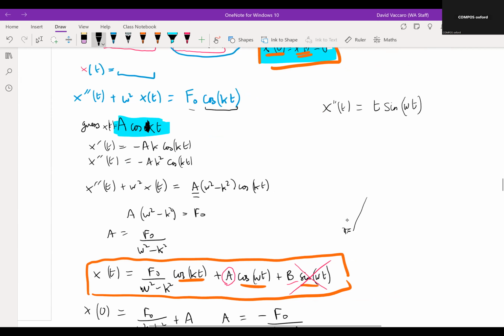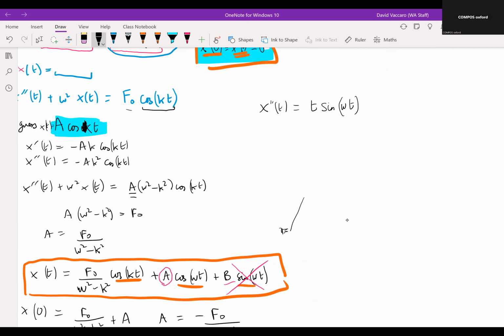So this clearly has displacement 0 at time 0. If you differentiate it once, you get sine omega t plus omega t cos omega t.